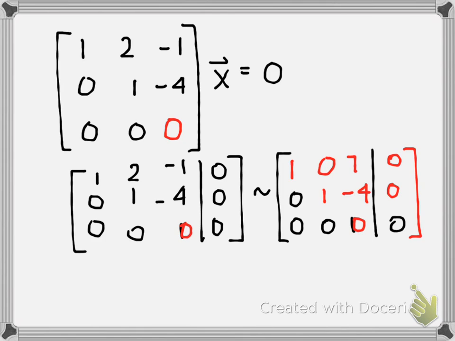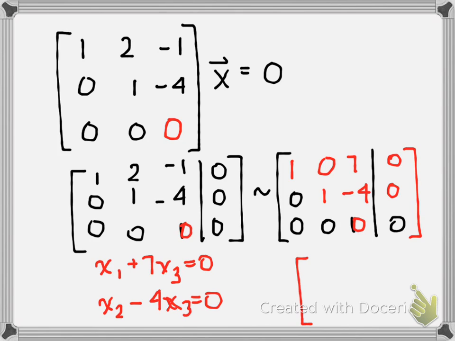So what does this tell us? It tells us that x1 plus 7x3 equals 0, and x2 minus 4x3 equals 0. So we could let x3 be our parameter t. I'm going to write this in vector form.